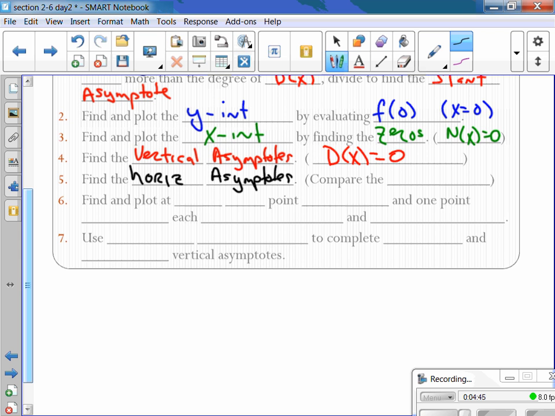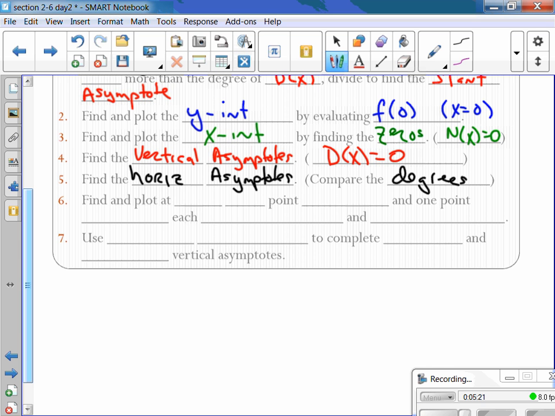And then finding the horizontal asymptotes, what are we doing? Comparing the degrees. So now we have our asymptotes, we have our x and y intercepts. A lot of times that's not enough. You need some additional points. Find some points in between your x-intercepts and your vertical asymptotes, which give you definition. Is it going down? Is it going up? Are we above the asymptotes, to the right of them?